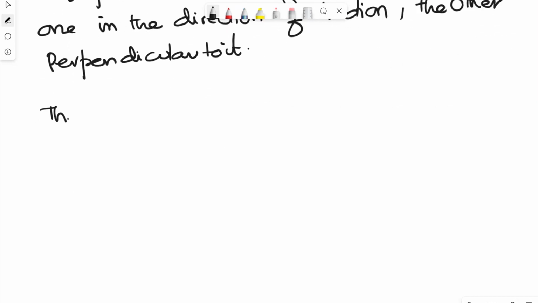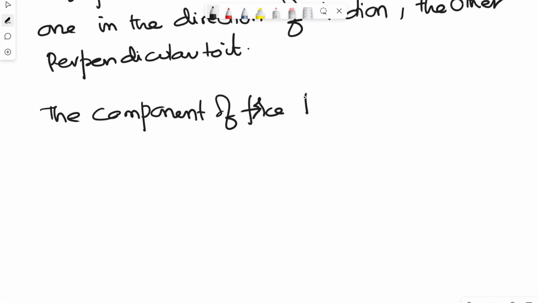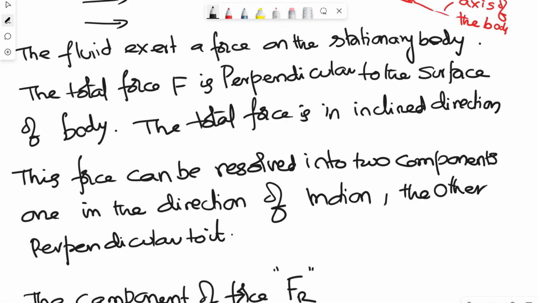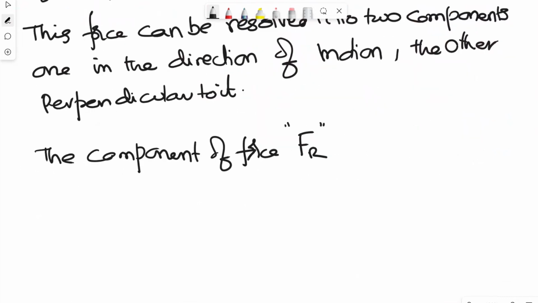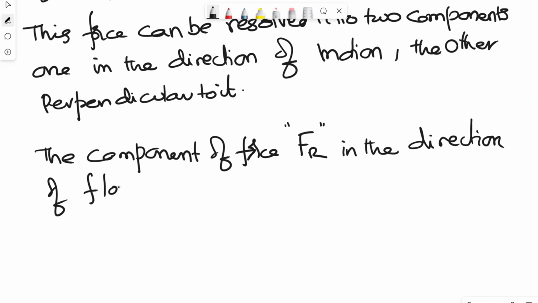This is the resultant force, I better call it FR. Even in the figure you can write FR. The component of the resultant force FR in the direction of flow is the drag force.